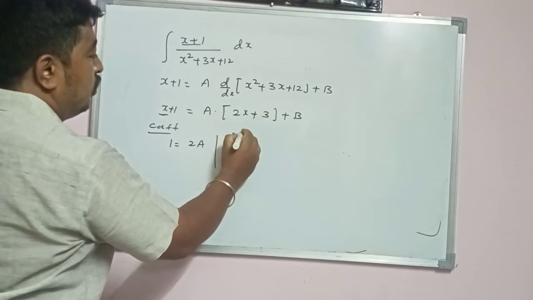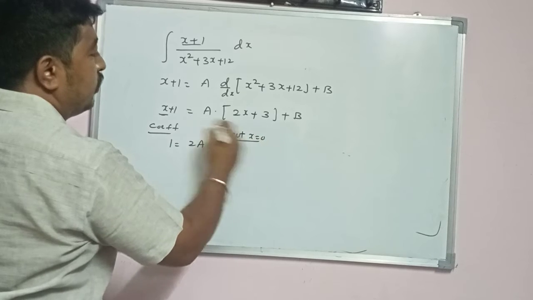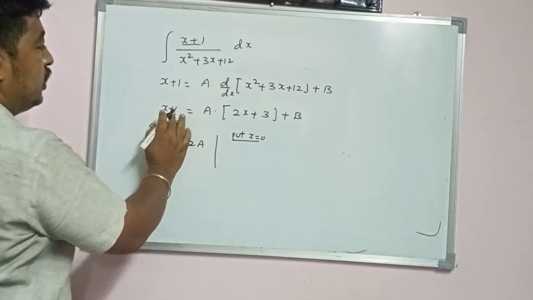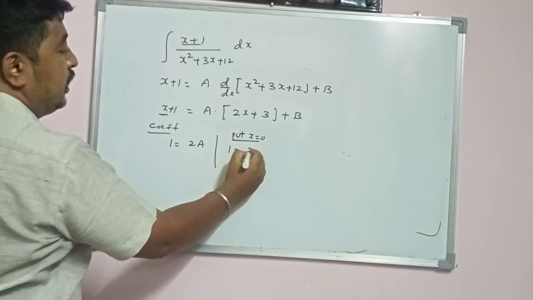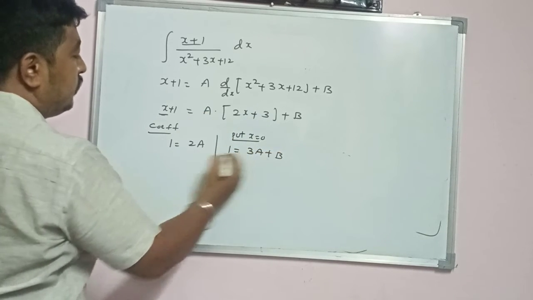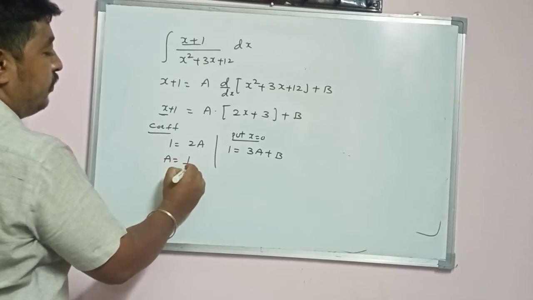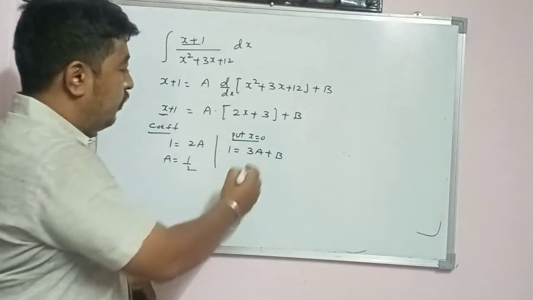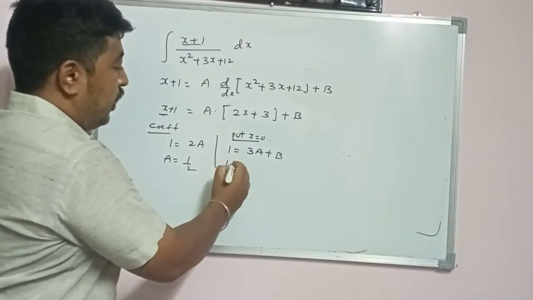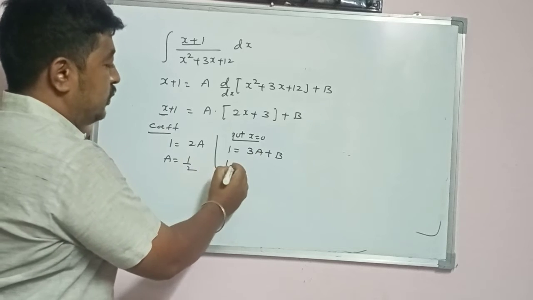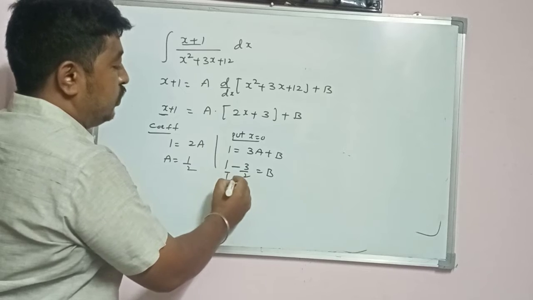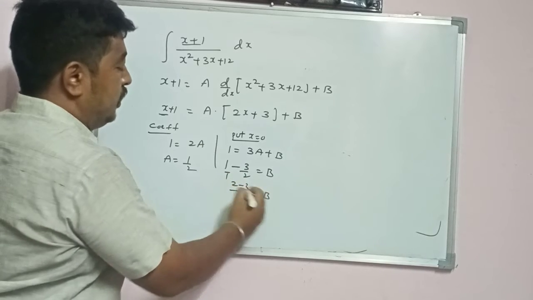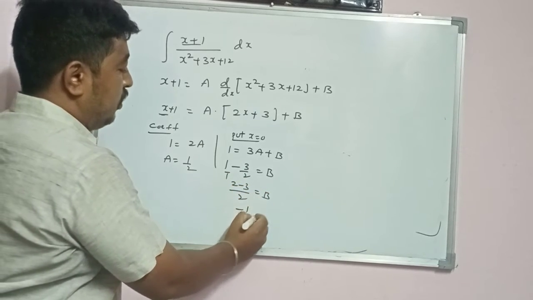Put x equal to 0: the left side is 1, and the right side is A into 3, that is 3A plus B. So here A is equal to half. Now we want to find the B value. 1 = 3A + B, with A = 1/2, so 1 − 3/2 = B. It is nothing but (2 − 3)/2, so B is minus half.